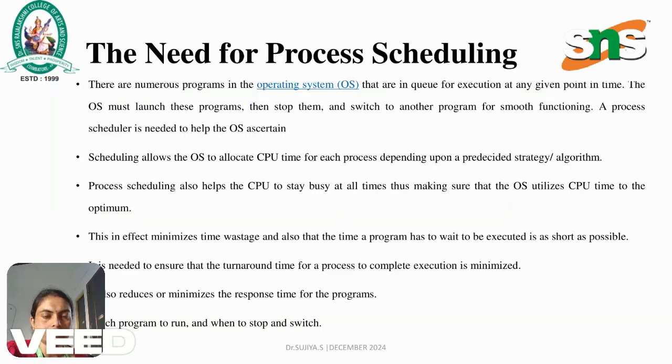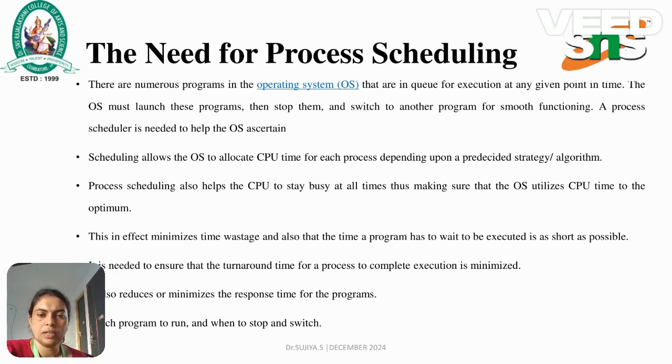Why do we need process scheduling? It is for executions at any point of time. Programs stop and switch to another program for smooth function. This allocates CPU time for each process depending upon the strategies and algorithm. It helps the CPU stay busy all the time, making sure the OS utilization time is less and optimum.